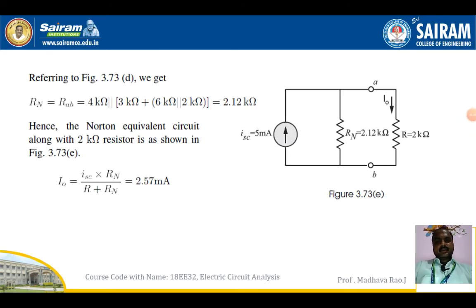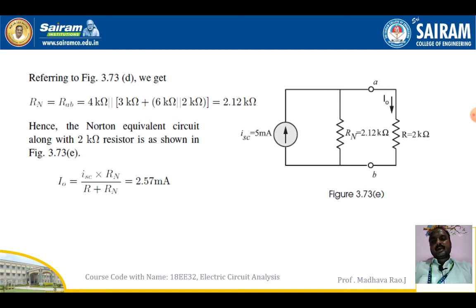Referring to the previous circuit, Rn is equal to Rab. So 4 kilo ohm is parallel to 3 kilo ohm plus 6 kilo ohm parallel to 2 kilo ohm. You have to simplify carefully with this parallel-series technique. If you get confused, you will get a wrong answer.